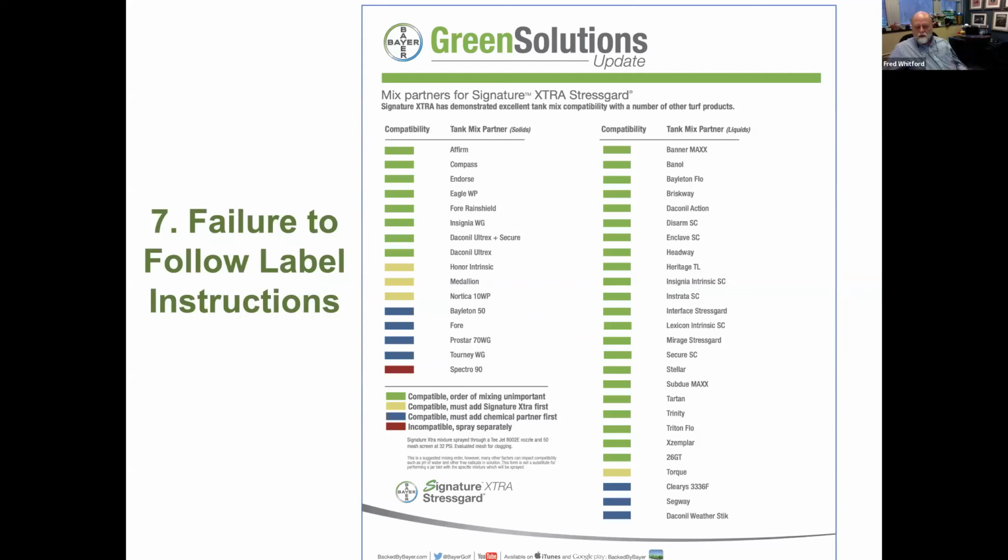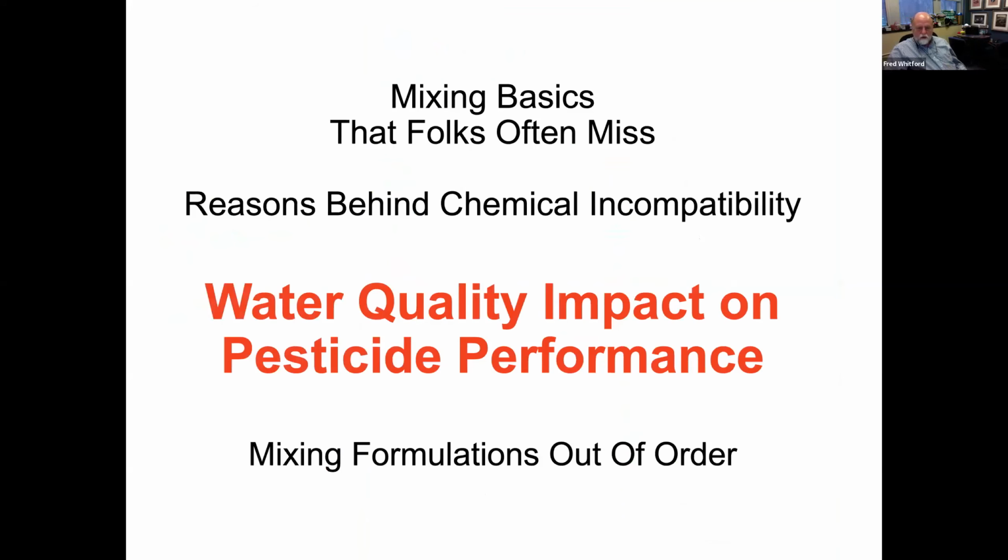This is not a label, it's a sales sheet, but you can see what they've done here is list compatible and incompatible products. Here's one that this particular product is incompatible with. You'll see it on the label. Just take a look at that label if you're having problems with not getting a kill, beyond asking these very simple questions.